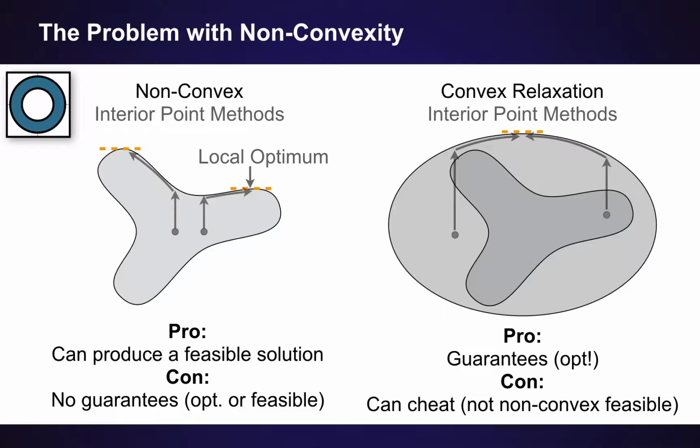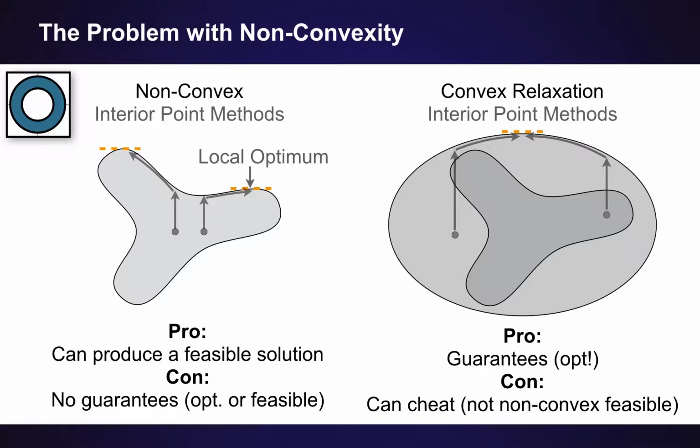The big con is that this type of formulation can cheat. It can take advantage of the convexity to go to a place where the non-convex model cannot go, and then produce some kind of better solution or feasible solution that isn't possible in the non-convex model.